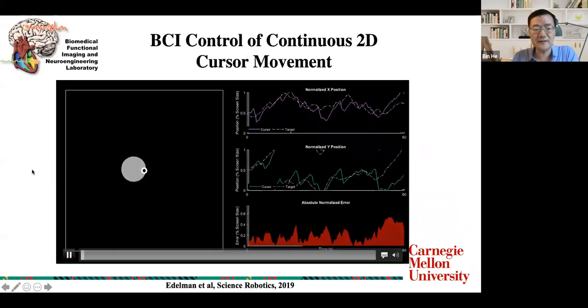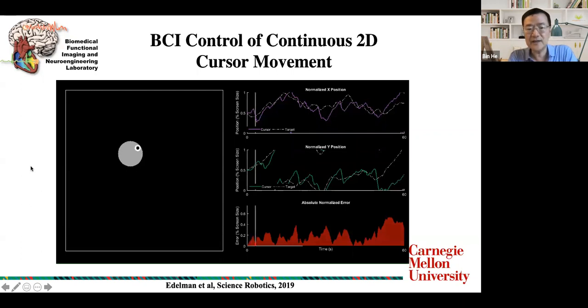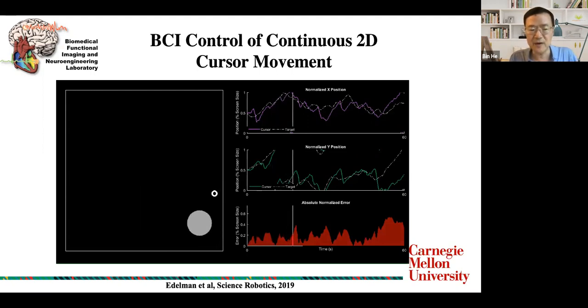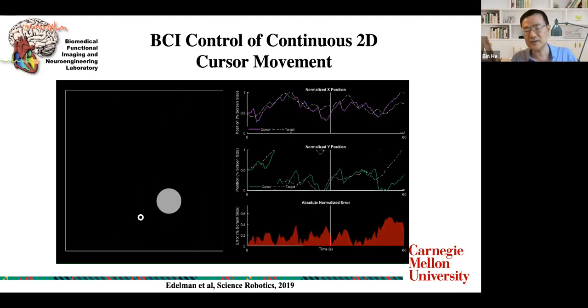So here, let's look at this video. First is a 2-dimensional continuous cursor control. The big ball is generated by computer with a random movement, and this circle illustrates the position controlled by the human subject purely by motor imagination, with the EEG recording and source imaging decoding.